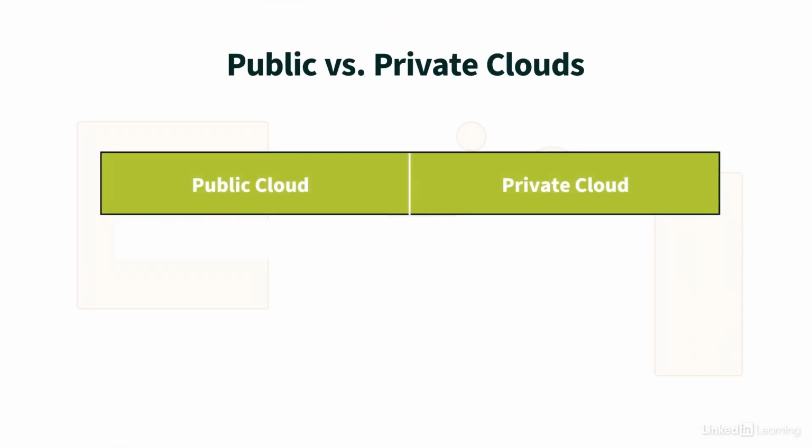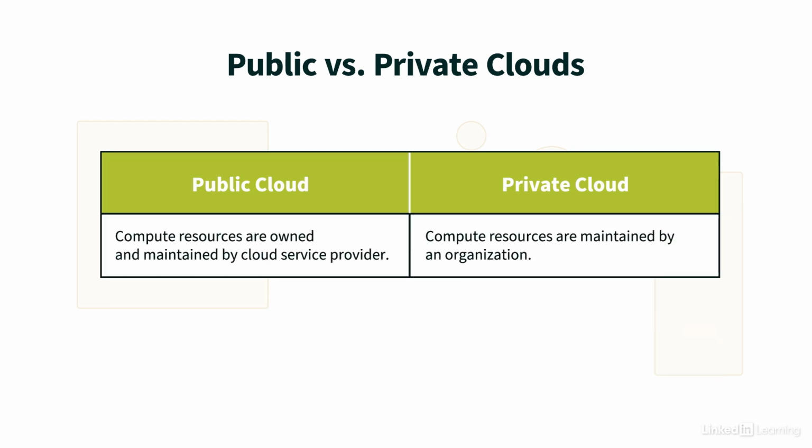Another distinction we need to make is how a public cloud differs from a private cloud. With a public cloud, the compute resources are owned and maintained by a cloud provider who shares their compute resources with multiple customers. However, we might want a dedicated set of compute resources just for our organization's use. We can have that with a private cloud.